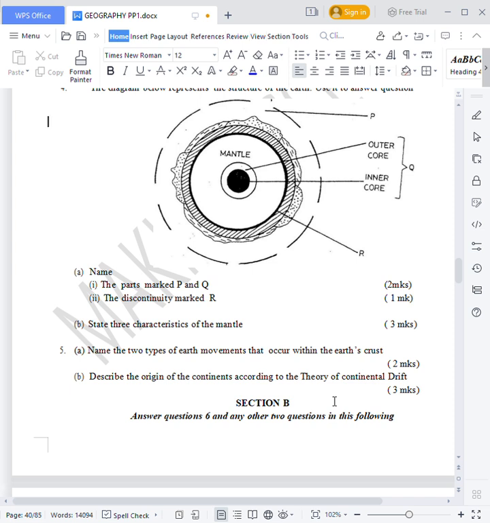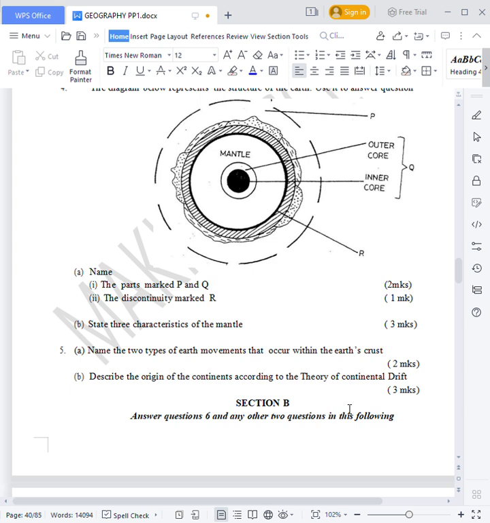The northern part was called Laurasia, and the southern part was called Gondwanaland.